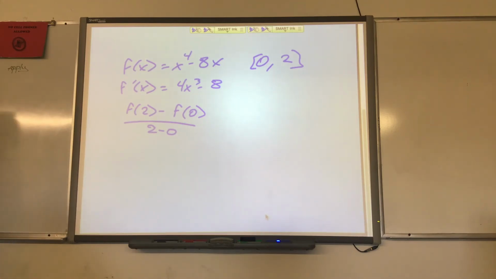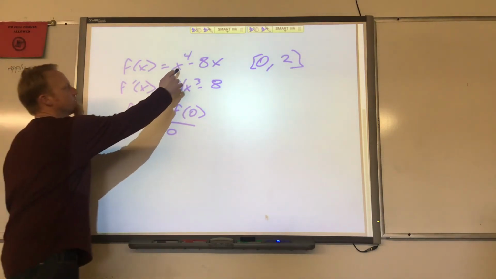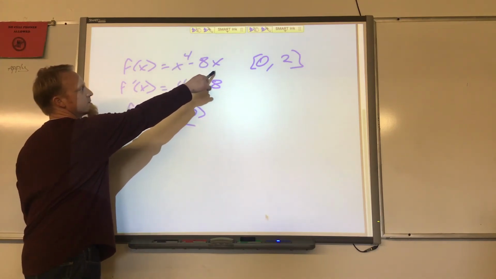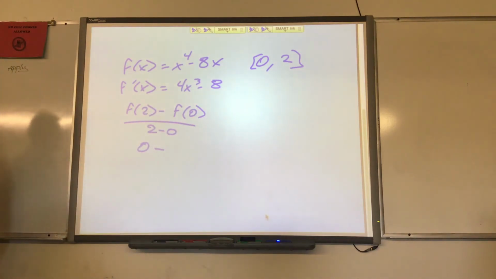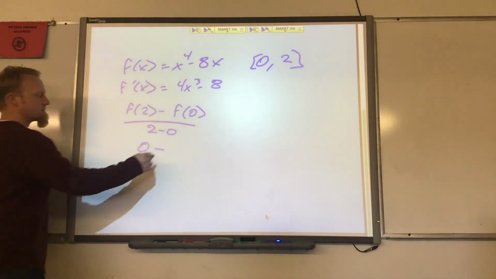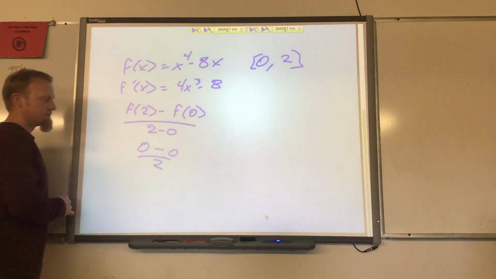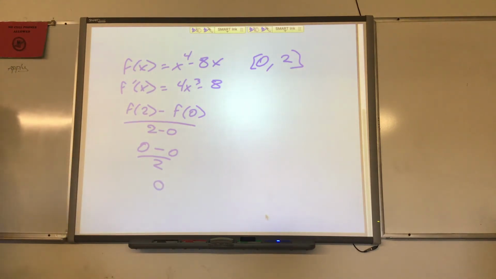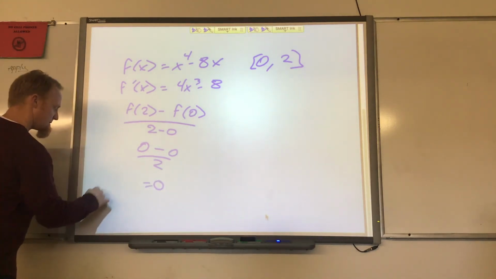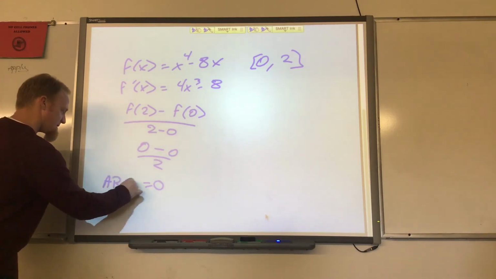You plug 2 in. 2 to the 4th is 16, 8 times 2 is 16, so that's going to be 0. I plug in 0 and I also get 0 over 2, so that means I get 0. What does 0 represent? That represents my AROC.